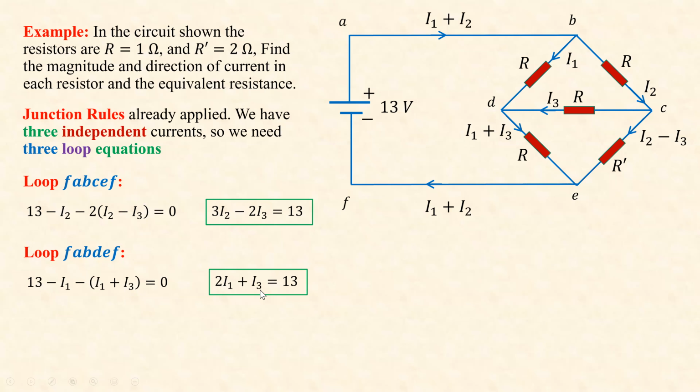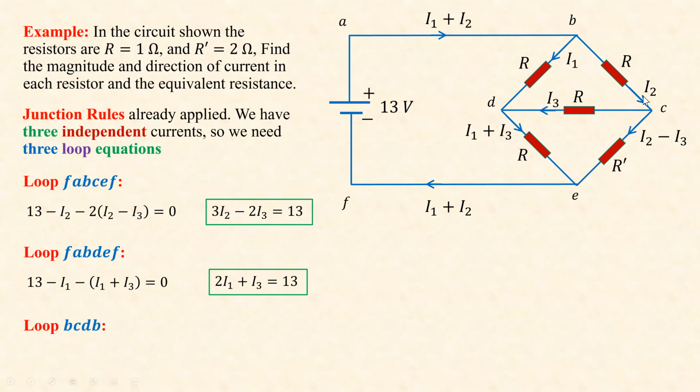Now we need one more because we have three currents. We need 3 equations. So another one, we can take this small loop, B, C, D, B, this loop.